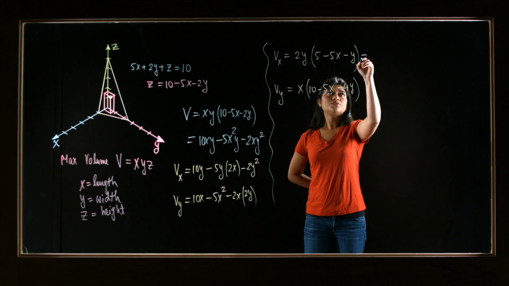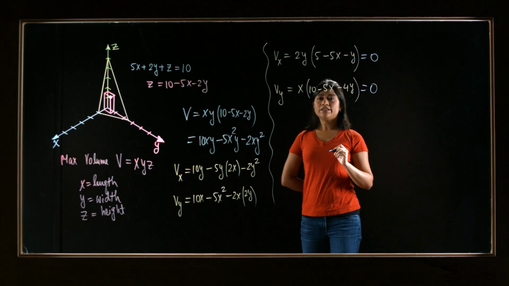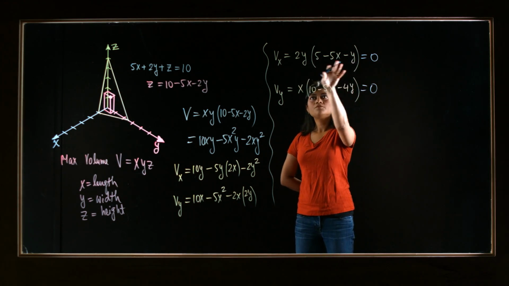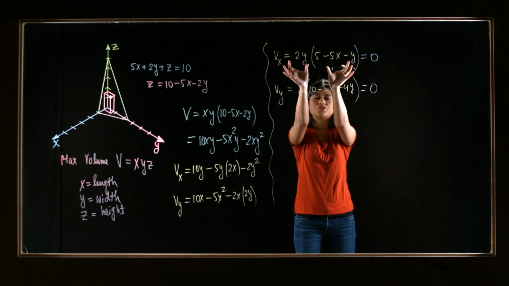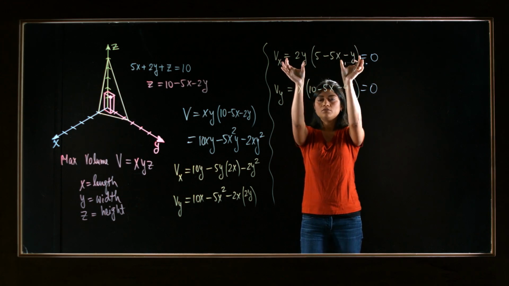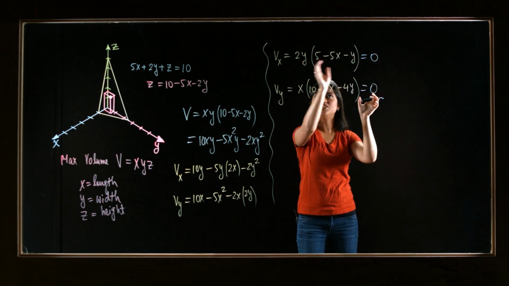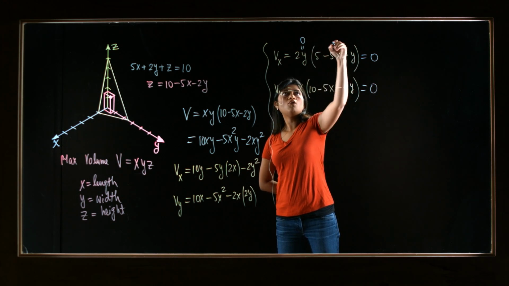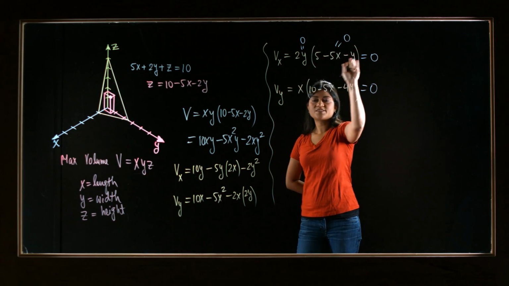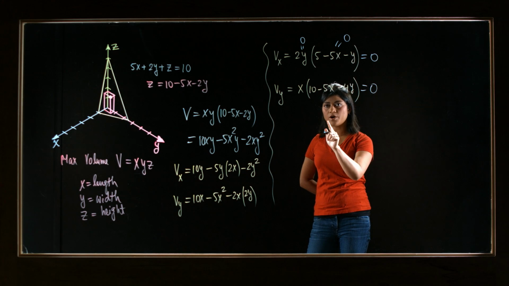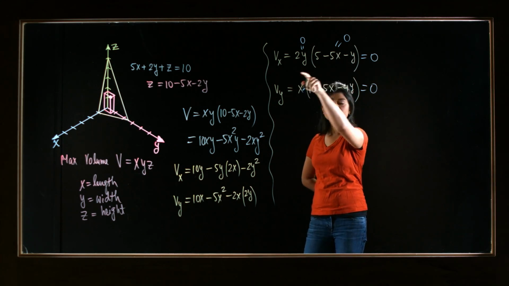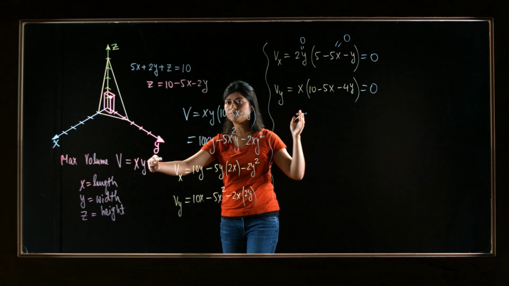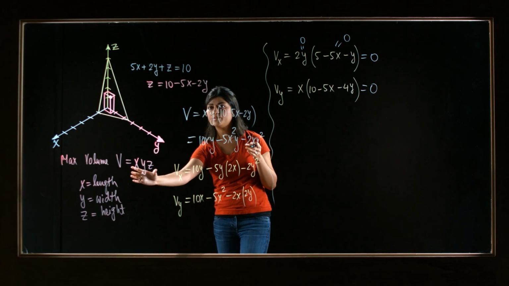Now, we need to set these equal to 0 and then solve. From the first expression, there are two factors, and the product equal to 0 means each one can be equal to 0. So we will have either y is 0 or the entire expression is 0. Now think about it: if y is 0, then back in your volume function, the volume is 0.